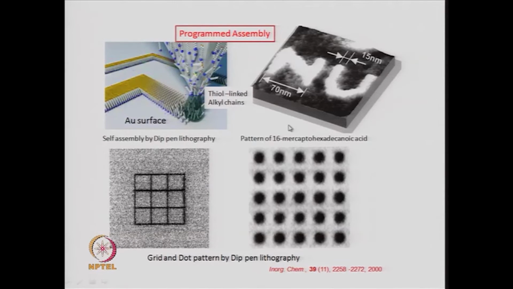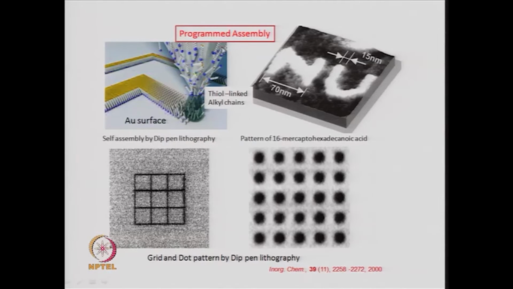Now, this is another example of programmed assembly, where again you are using thiol to link onto gold surfaces. It is now well known that thiol can attach to gold surfaces. To the thiol, the SH group, you can link an alkyl chain. These are alkyl chains, which is a schematic diagram.